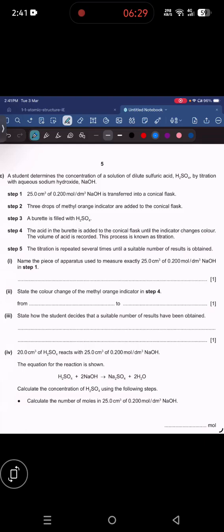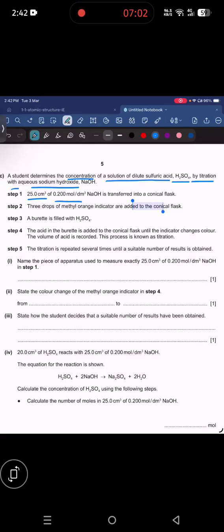Question part C. A student determines the concentration of a solution of dilute sulfuric acid, H2SO4, by titration with aqueous sodium hydroxide. The concentration of the sulfuric acid is found out here by using the concentration of the sodium hydroxide.